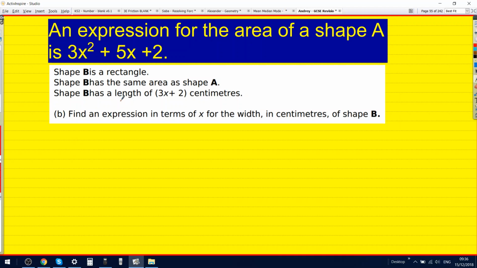No. So it says this is the length. Yeah. You have to find the width. And they give you the area.